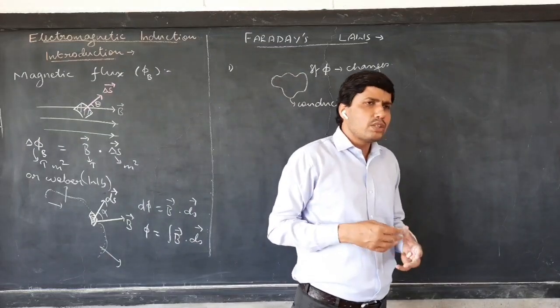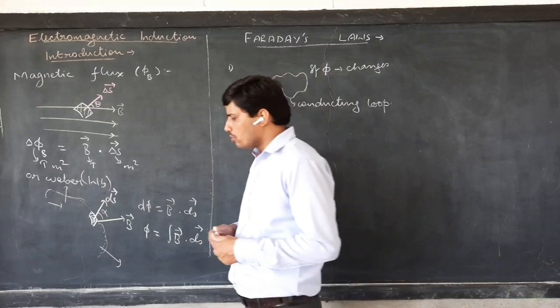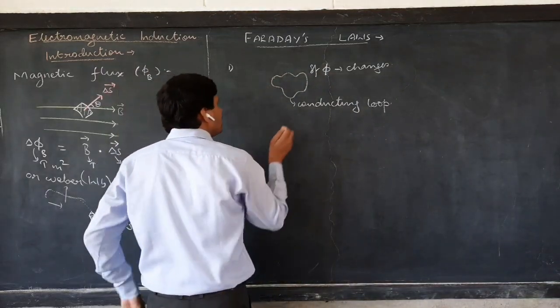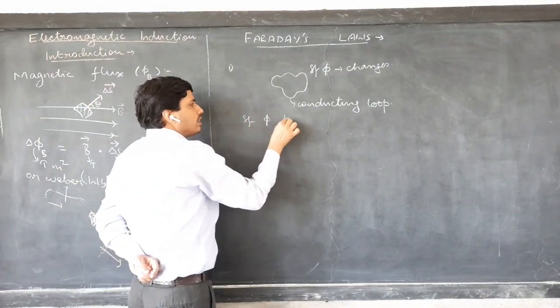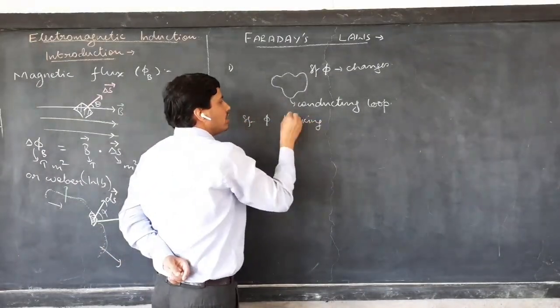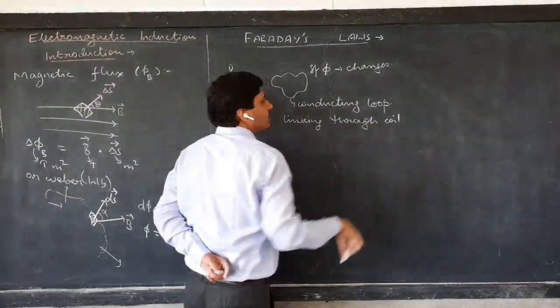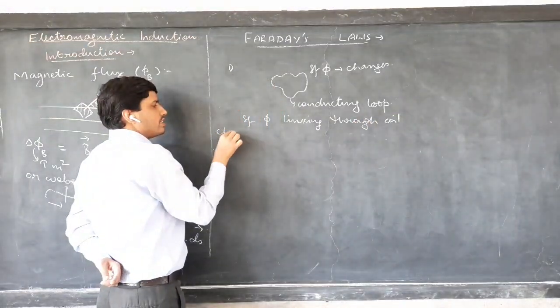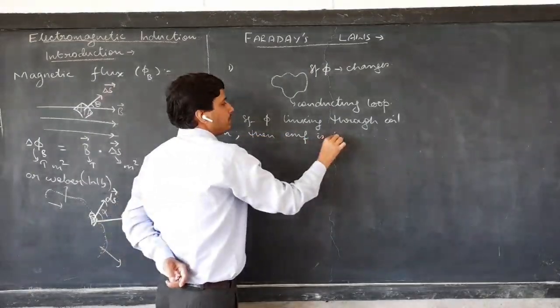So these terms, these definitions you can find in textbooks. So you can have the ideas from there. I just wanted to discuss the concept. So what I told, if a flux linking through some conducting coil changes, then an EMF is induced.